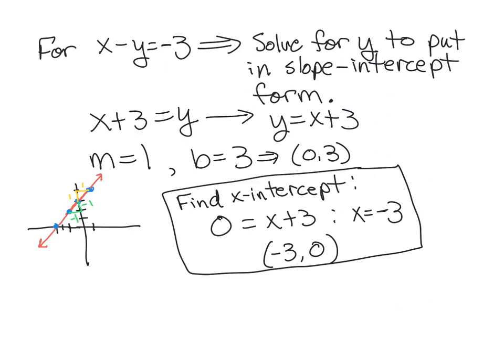Okay, let's look at this example and try to put everything together. I have this equation. This is in what's called standard form, which is pretty much useless unless you're graphing using intercepts, and let's illustrate that real quick.